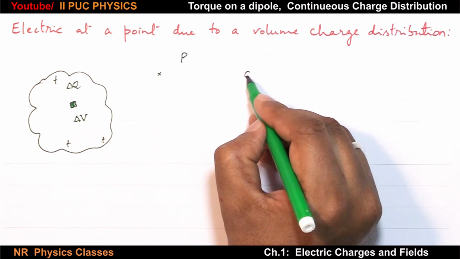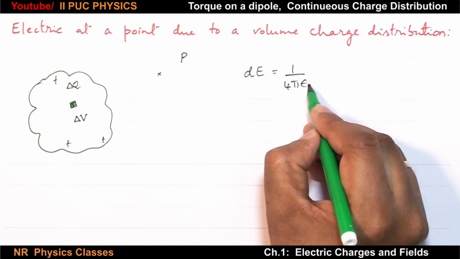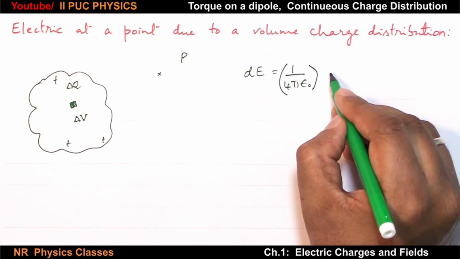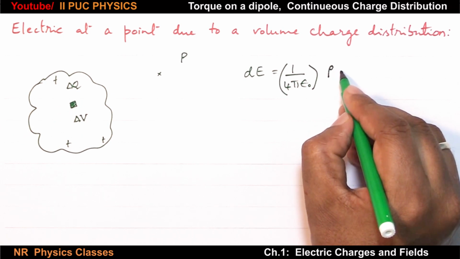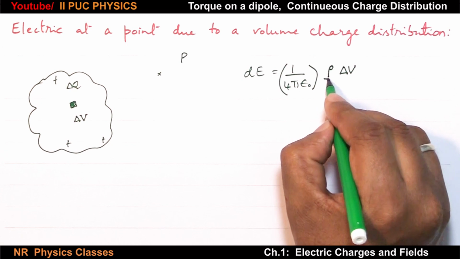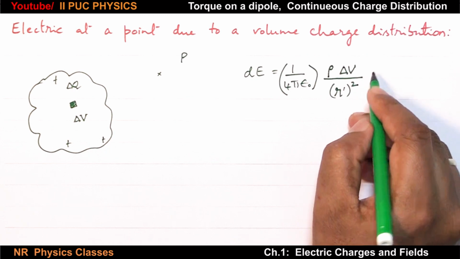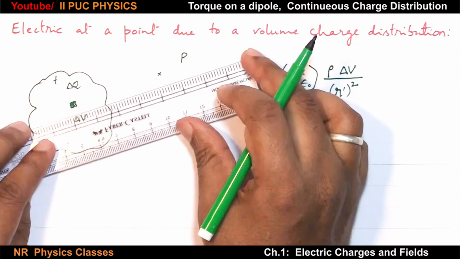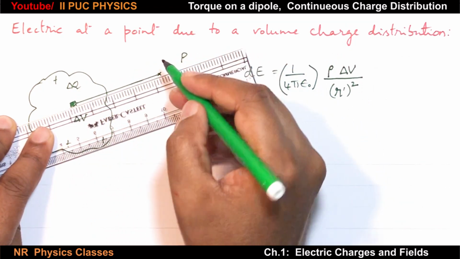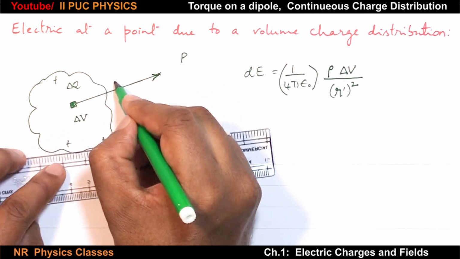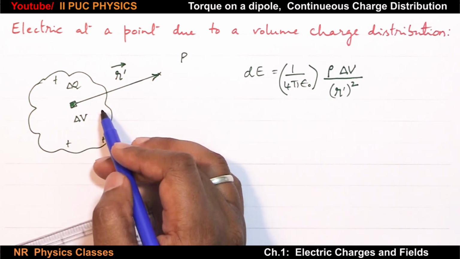That is dE equal to 1 by 4 pi epsilon naught into delta Q. In place of delta Q, I can write rho into delta V by the distance R dash square. Now you know we have to consider the distance from the charge element to point P. This distance is R dash. The vector is just like the previous cases.